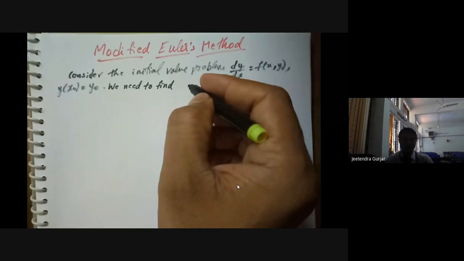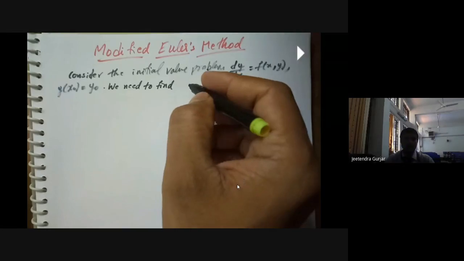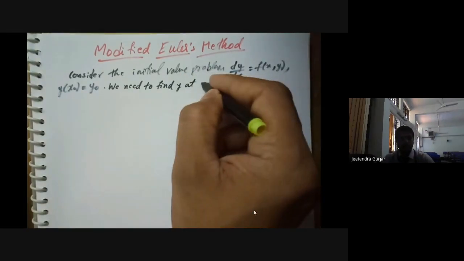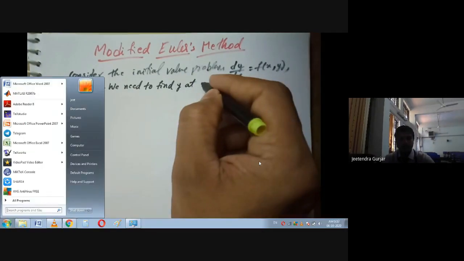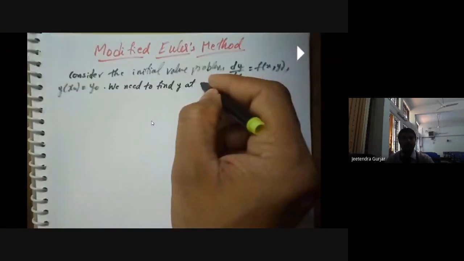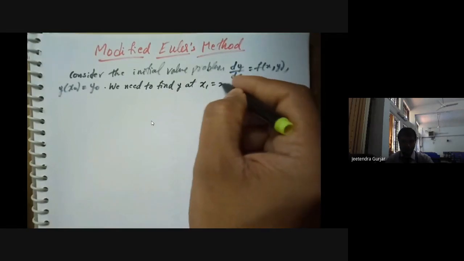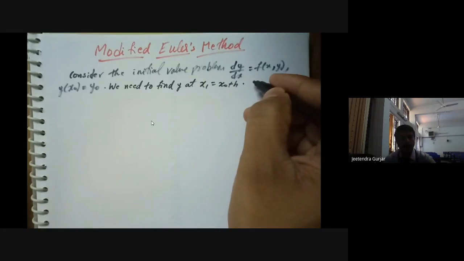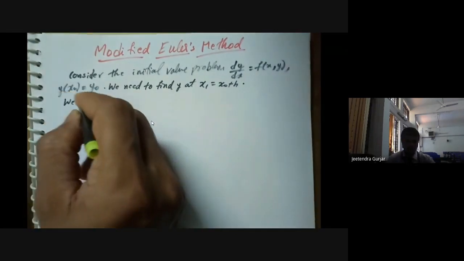So here we consider the initial value problem dy by dx is equal to f of x, y, with y of x naught is equal to y naught. We need to find y at x1 is equal to x naught plus h.